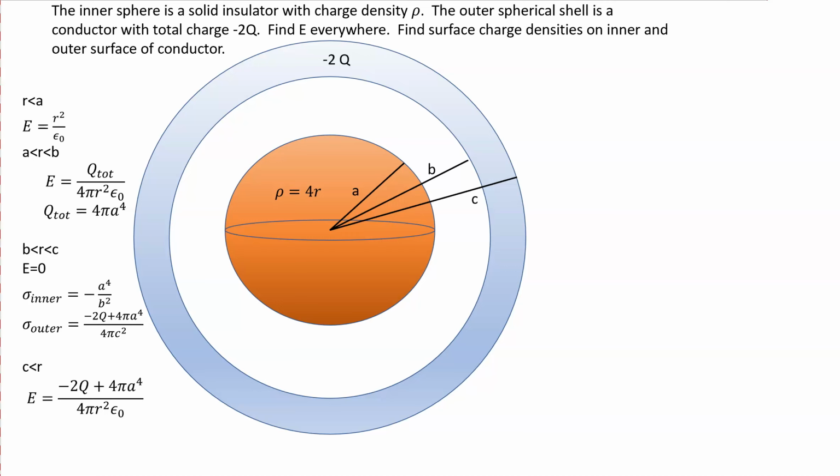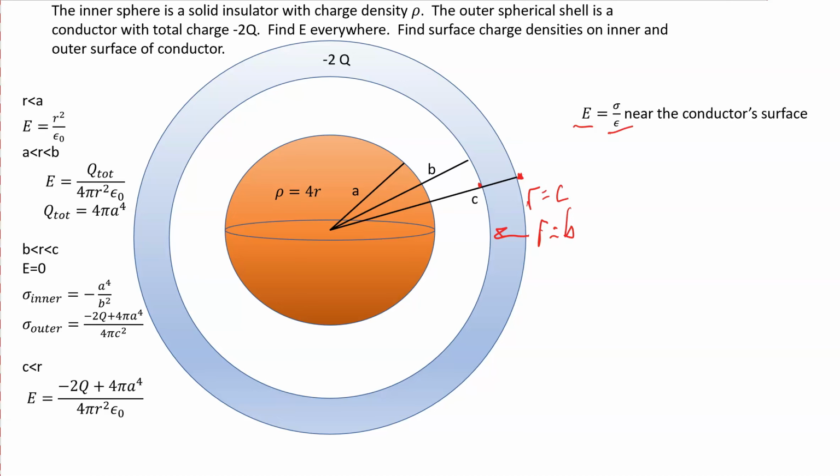So just 2 points I want to make really quickly. Number one, if you look at the electric field right near the conductor's surface, like right here and right here, you'll see if you plug in R equals C and R equals B for this surface, that the electric field is actually equal to sigma over epsilon naught near the conductor's surface. And that is not a coincidence.